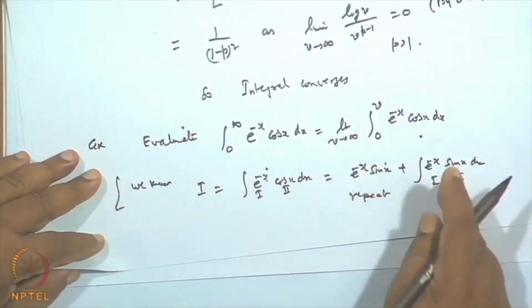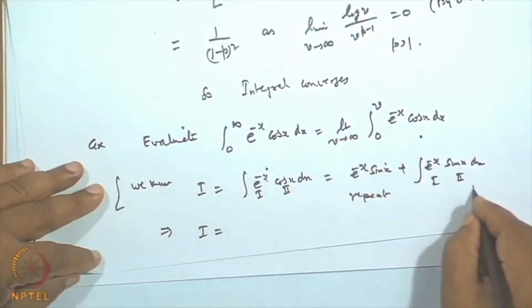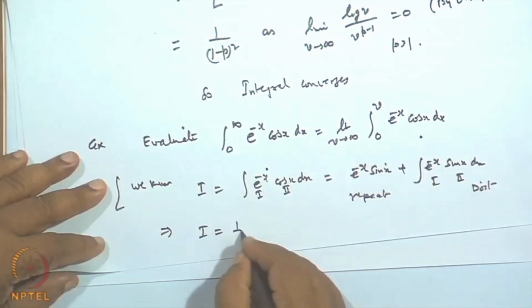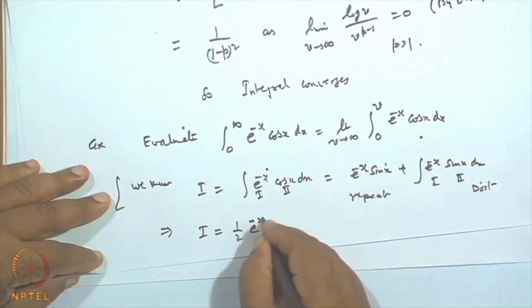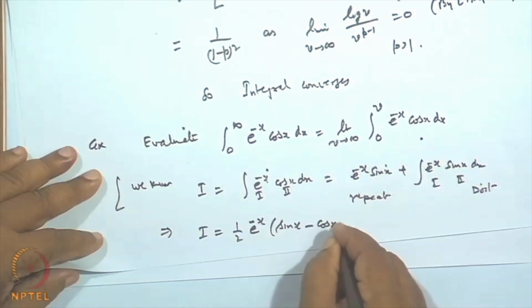What we get, we will get the I again. So finally we are getting I, and I comes out to be half e to the power minus x, sin x minus cosine x.